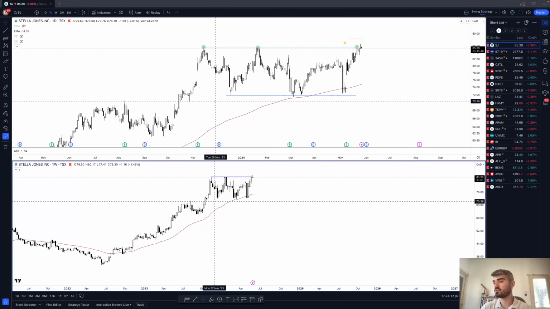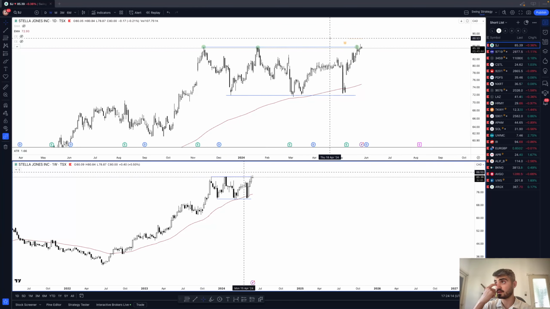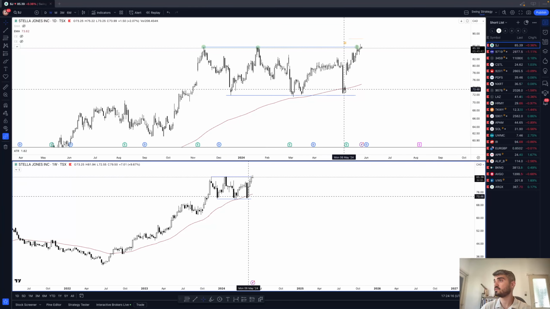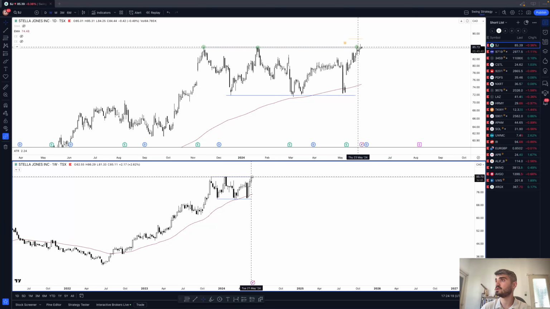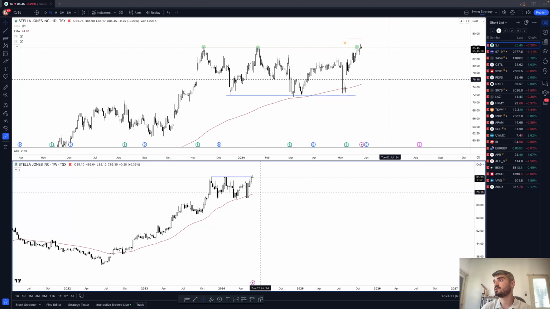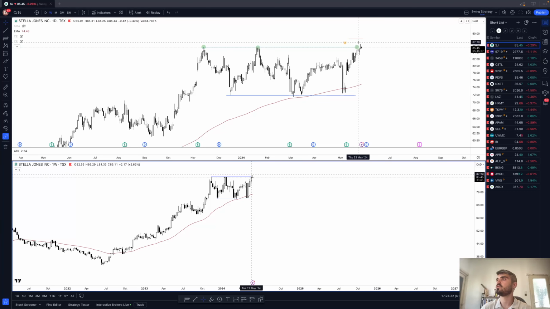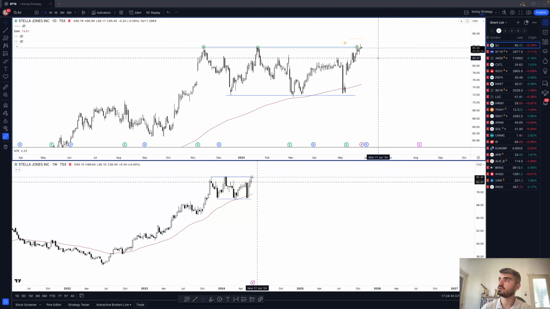We have strong reactions from both sides of the rectangle. We have also a strong move into the upper boundary, which is something that I like to see and actually prefer to see in setups that I want to enter. Still a bit far from the entry point, so we have to wait.